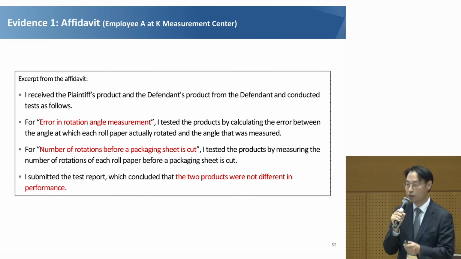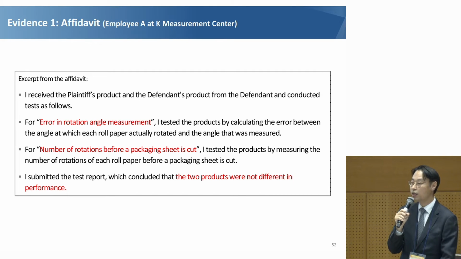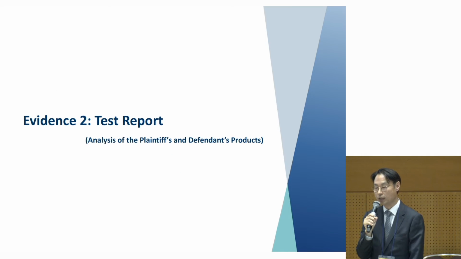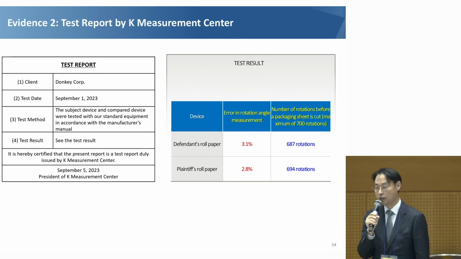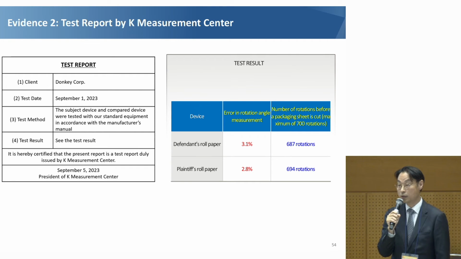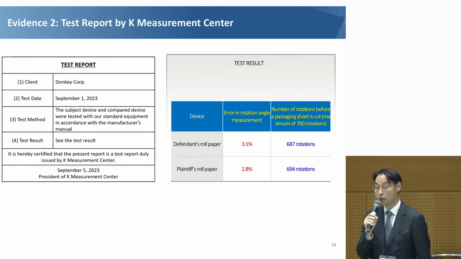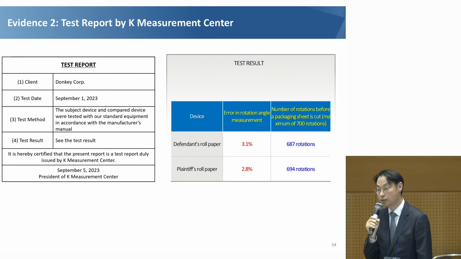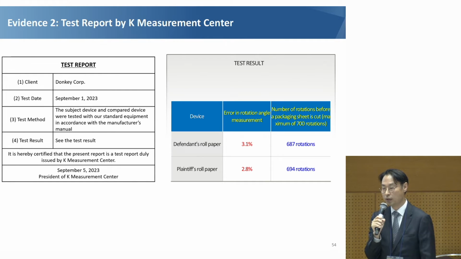His testing result says that the two products were not different in performance. They are almost the same. He also submitted the test report. If we see the right side table, you can see that the error in rotation angle measurement is defendant 3.1%, plaintiff 2.8%. Not so different. Even the lifetime is almost the same.